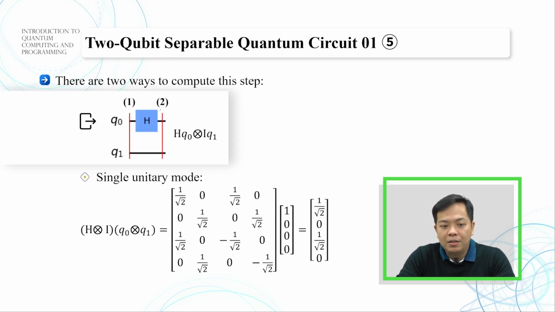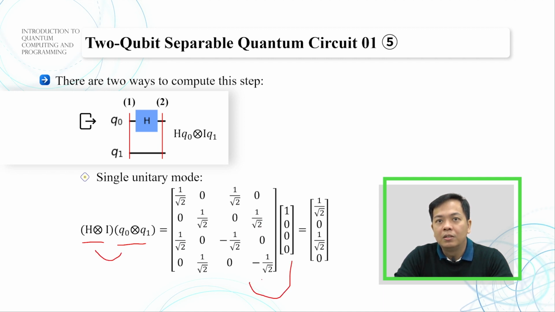So this is the result after you compute the 2-qubit tensor state vector. Based on the single unitary operator, you can calculate this one first and this one later, combine them together, and this is the result. You see the final result is similar to my previous one.